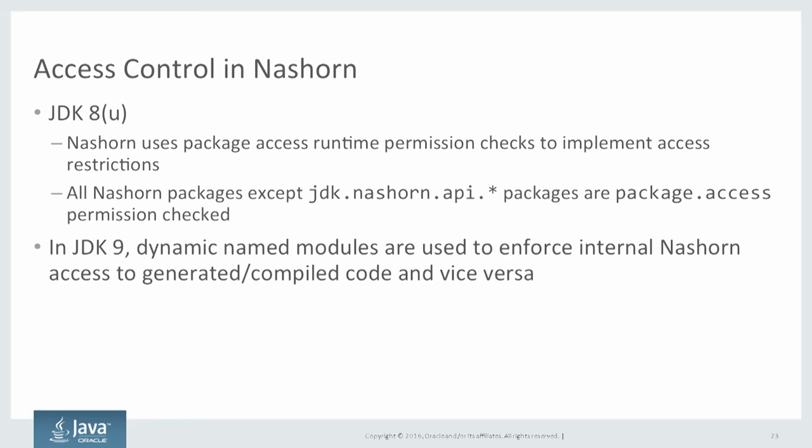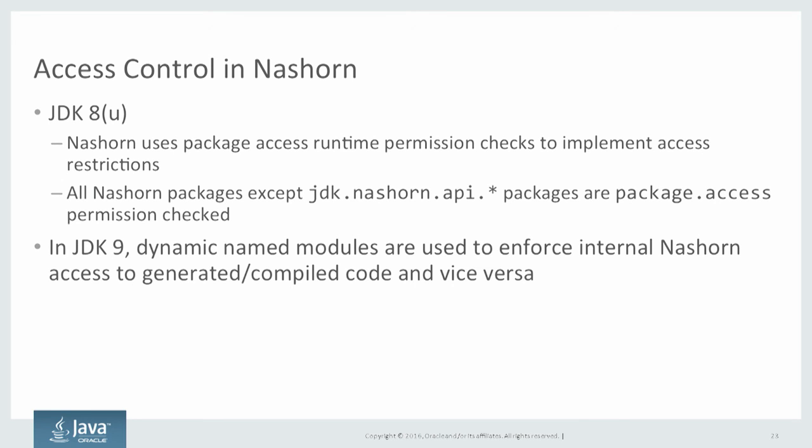In JDK 8, including the recent updates, the package.access mechanism was used for this. Package.access is this half-documented system property that you can use to give access to certain packages from other certain packages. Don't try this at home.